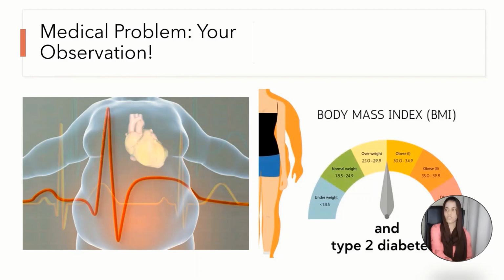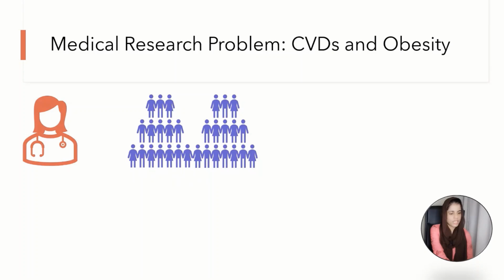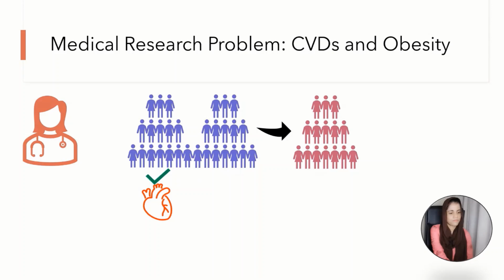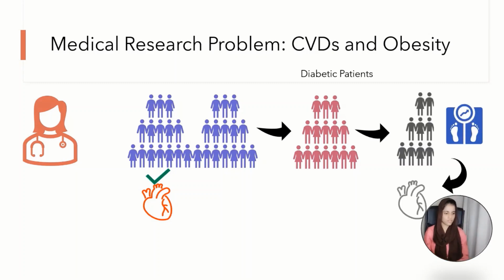So consider here a thoughtful and concerned physician, and half of whose patient who she examined monthly are diagnosed with type 2 diabetes, and half of those who are diabetic, the physician noticed that they are obese, and they develop cardiovascular disorder at the later stages of their life. So let's say a fraction of it dies cause of myocardial infarction, heart attack.